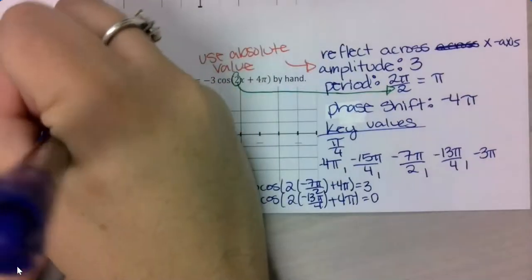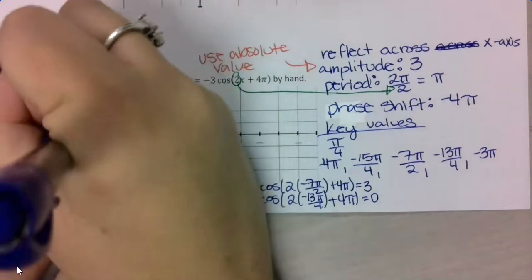This is in between negative 7 pi halves and negative 3 pi.